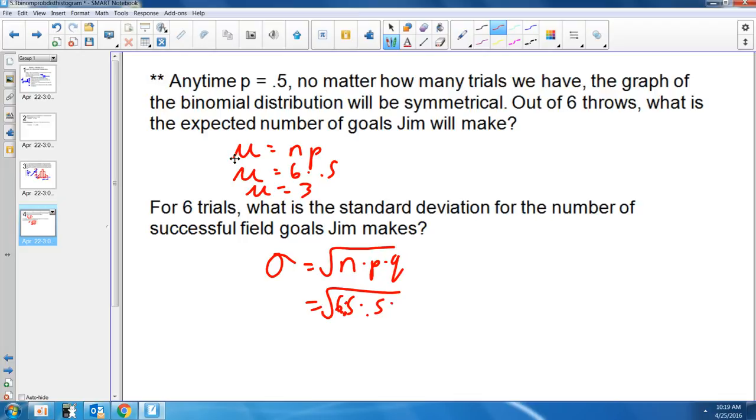And when you multiply 6 times 0.5 times 0.5, you are going to get a standard deviation of 1.22, which again is indicating how spread out the number of shots would be from the mean, which would be 3.